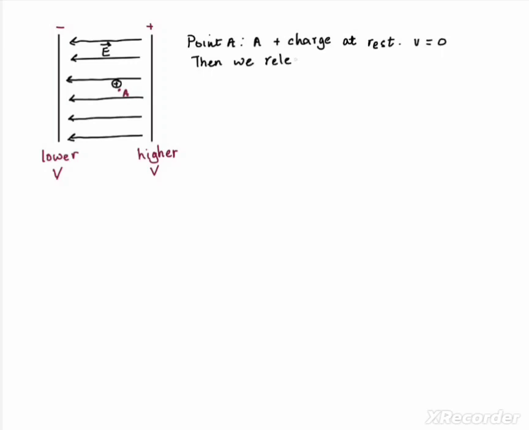Now let's look at what's happening to this particle. Once we release this particle, it wants to go to the negative side. So when it's going to the negative side, let's say we have a point B here. When the particle is moving to the left, it's going to pick up speed because it is starting at rest.